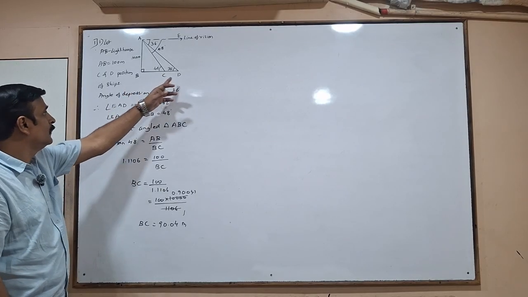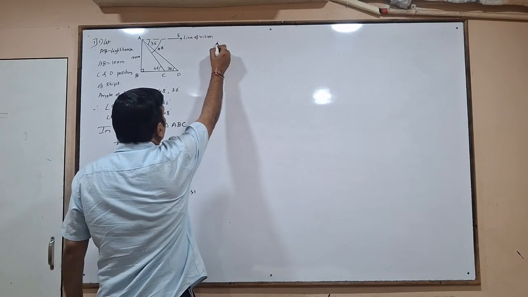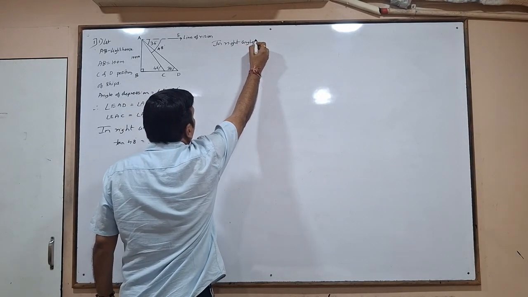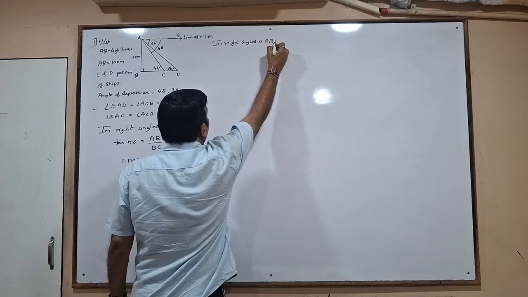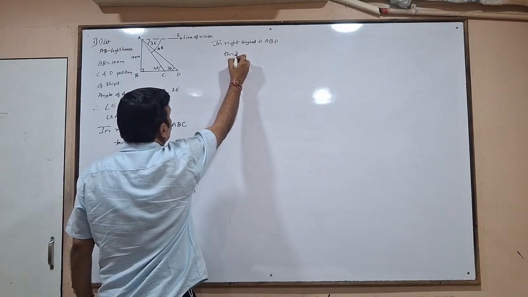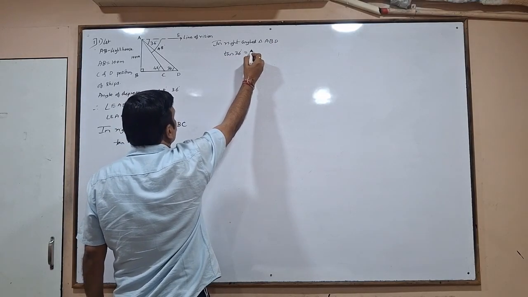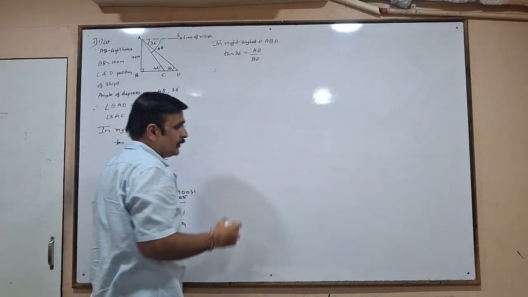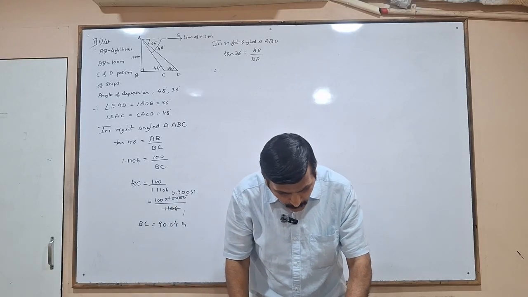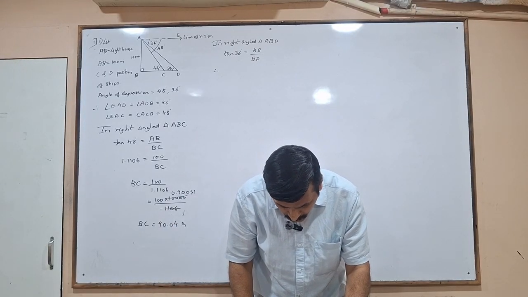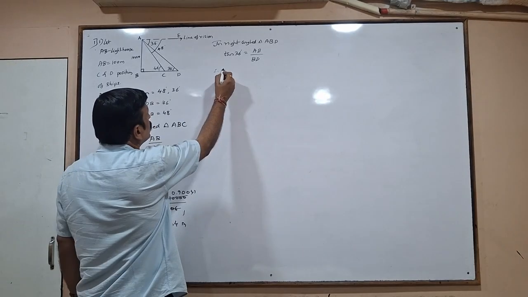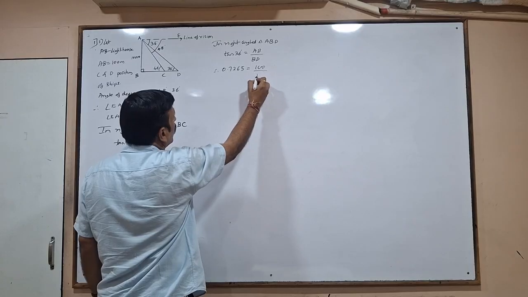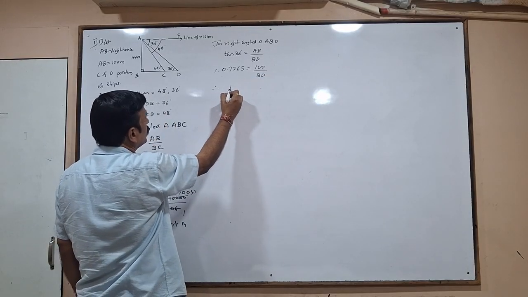I want BD. In right angle triangle ABD, tan 36 is again perpendicular upon base. Let us find the value of tan 36: it is 0.7265, so 0.7265 equals 100 upon BD.